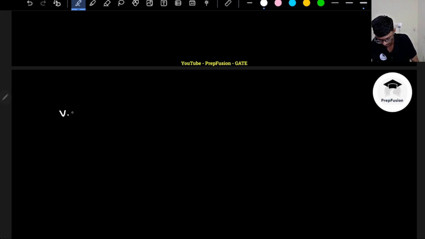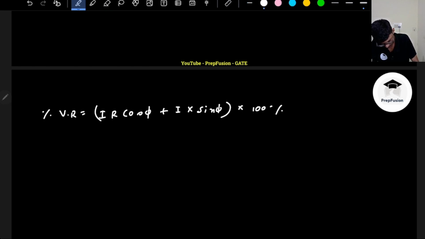If you remember, the percentage voltage regulation was I R cos phi plus I x sin phi, into 100%, divided by the no load voltage, that is E2, which is 6.6 kV in our case. If you remember this formula.